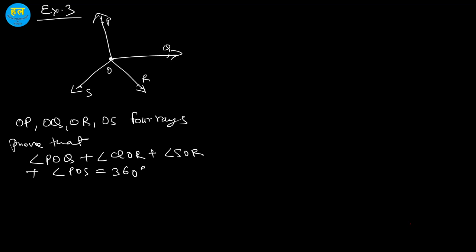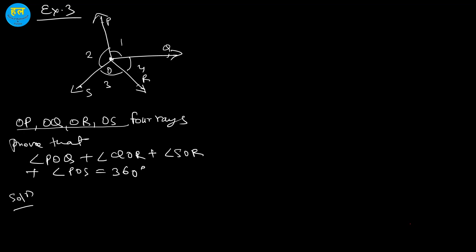Solution. Here what is given in the question is that these are the 4 rays originating from point O, and we have to prove that all these 4 angles, angle number 1, 2, 3, 4, total 360 degrees.